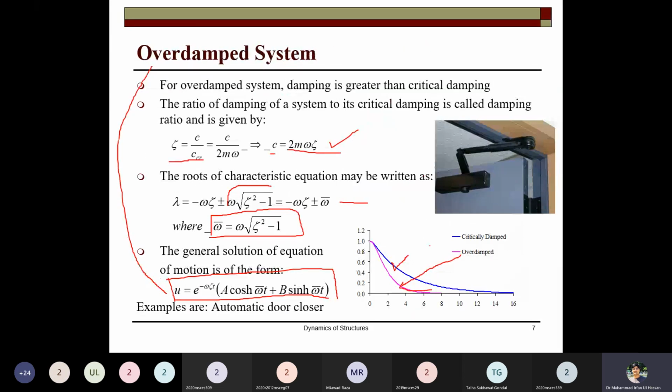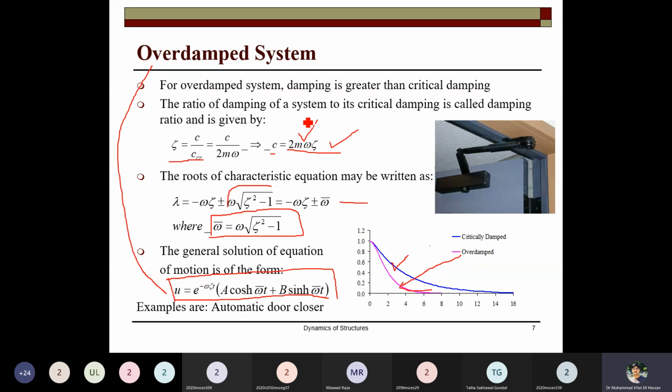response. And when you go for the overdamped system, of course zeta is involved, because C over CCR, I told you, is larger than critical, zeta is larger than 1 actually. So in that case, you can put down the value of C as 2m omega times zeta, and C is this one.